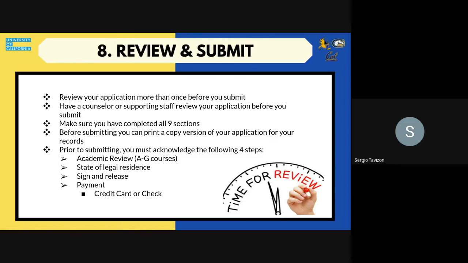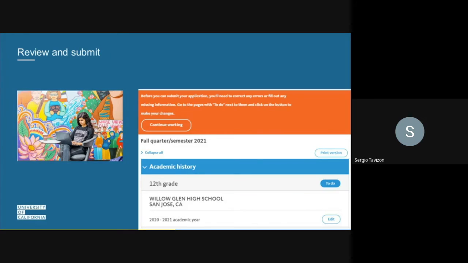And we'll talk about that as well right now. So this right here is talking about the A through G courses, just making sure that everything is correctly inputted, and you don't want to miss any of those at all. And this is how it appears here.